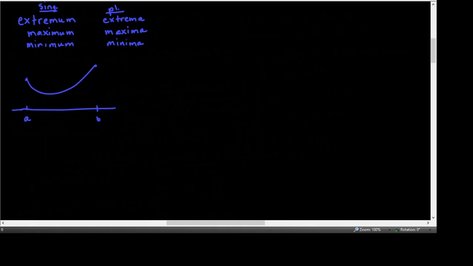And let's just say that this is the y-axis over here, this is the x-axis, and this is our function f on the interval I. And what we're saying is that f of c is called a minimum when f of c is less than or equal to any f of x you pick on the interval I. So on the interval from a to b, f of c is less than or equal to all function outputs from a to b.